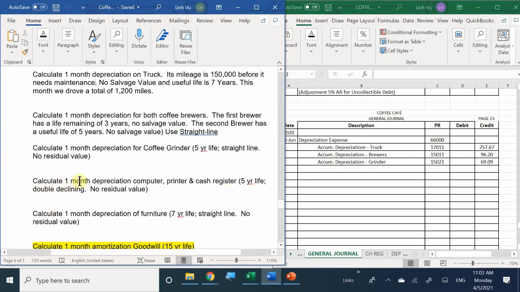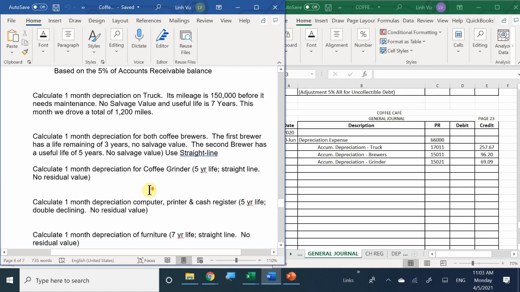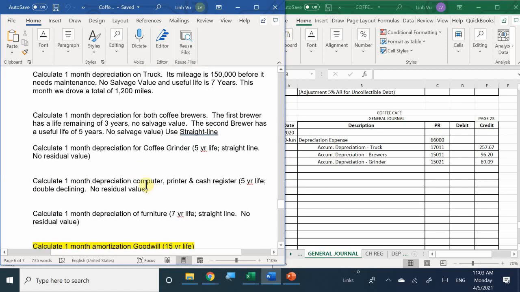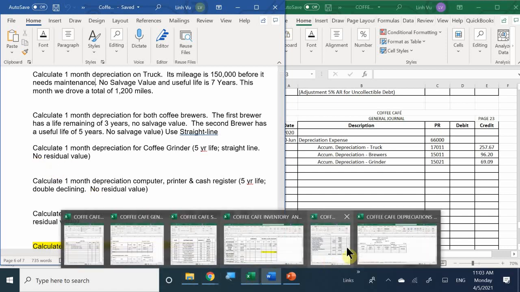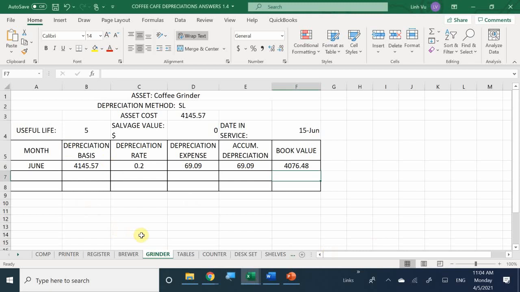Double declining, no salvage value. Okay, so we'll do one at a time, and then we'll go through each one. So we gotta do the computer, printer, and cash register for 5 years, double declining, no salvage value. So let's pull up our table here.